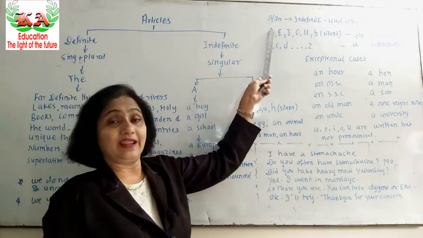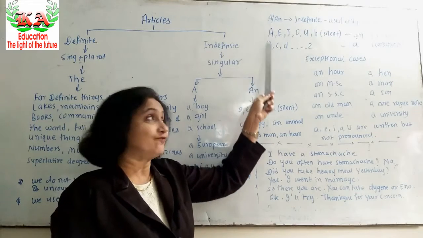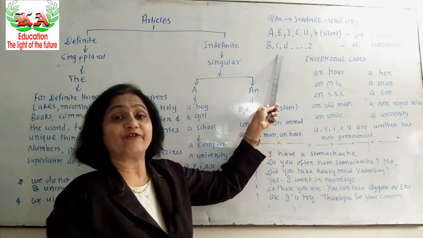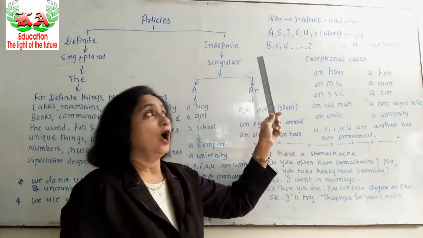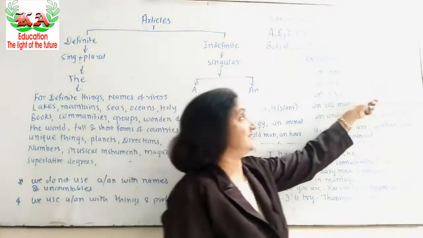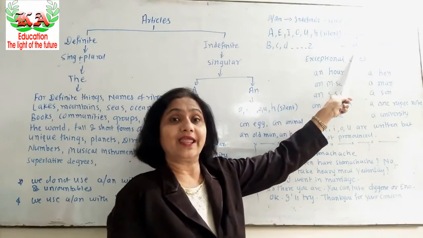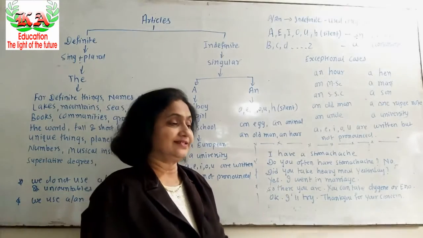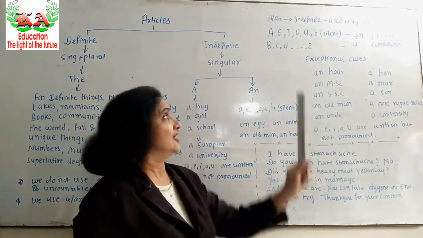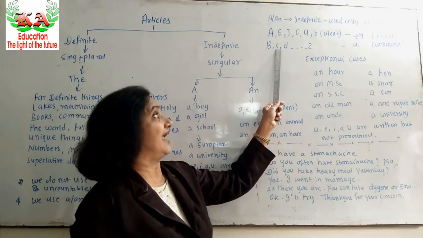Now the remaining. Apart from A, E, I, O, U, the other remaining alphabets, that is B, C, D to Z, they are called consonants, and with them we use a for a single thing. That is a chair. This is a ruler. That is a box. This is a cat.